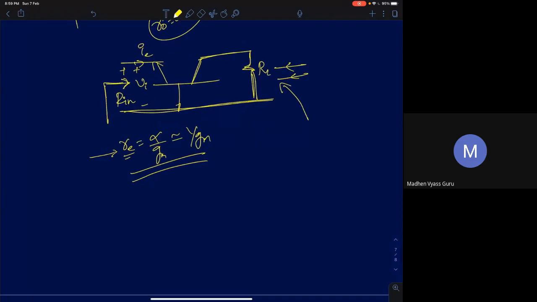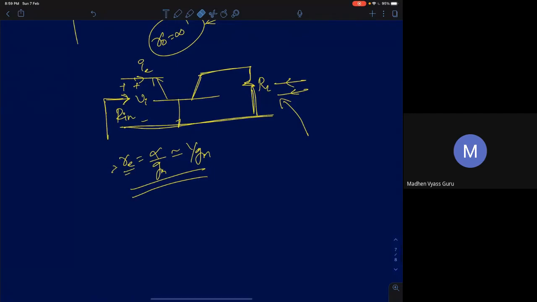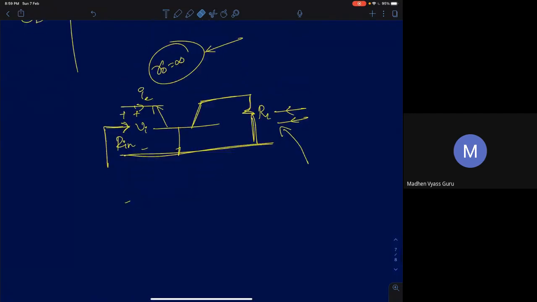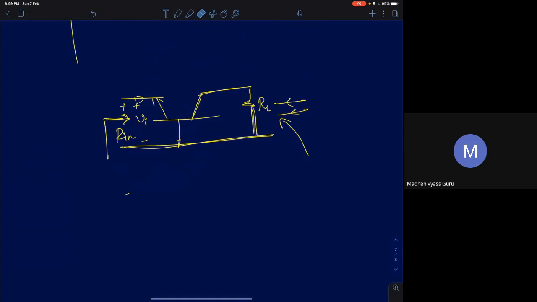The second thing, let's introduce R naught now. The moment we introduce R naught, we are creating a path from input to output. And we said that the expressions become a little bit complicated.